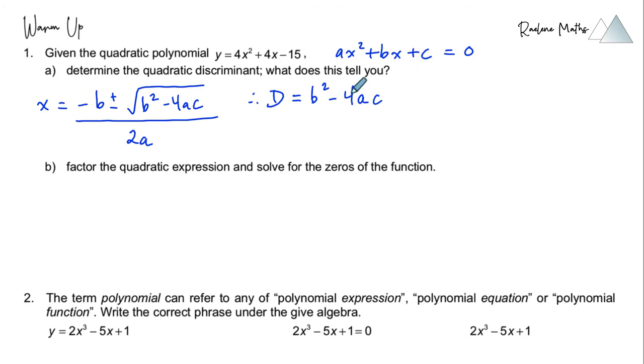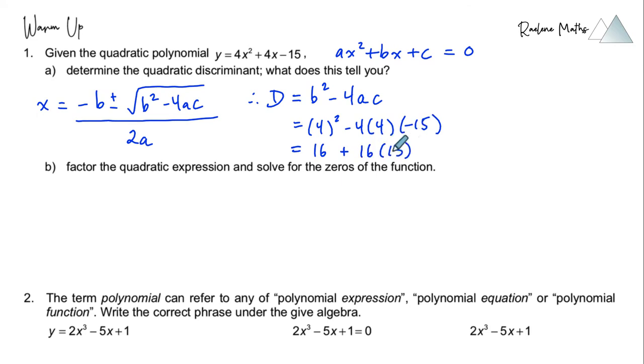With a equal to 4, b equal to 4, and c equal to negative 15, we get 4 squared minus 4 times 4 times negative 15. I'm going to work this out as 16 minus 16 times negative 15. Negative times negative is positive, so this is 16 plus 16 times 15.